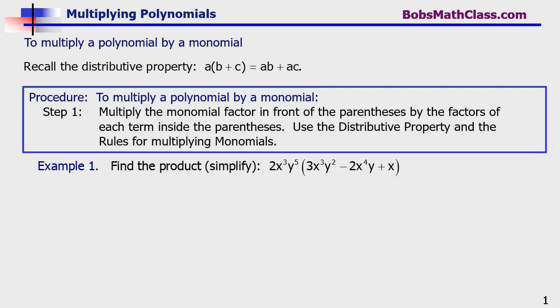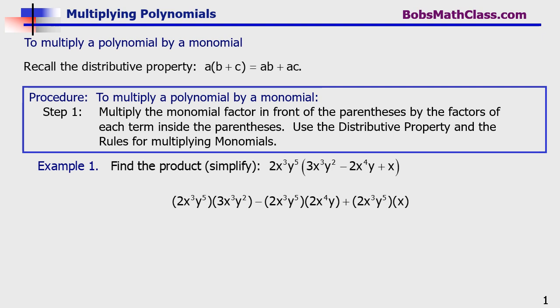All right. We're going to show all the steps here, but if you don't want to show everything, if you want to go right to the answer, that's totally fine. All right, so let's multiply that 2x to the third, y to the fifth by each one. So here we go. So that's showing each one.